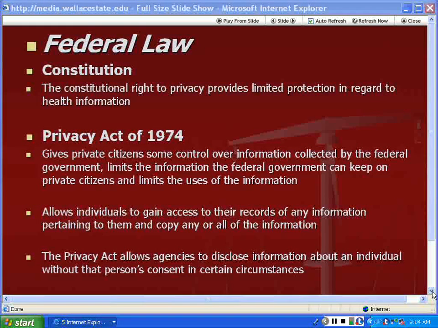Well, this was back before HIPAA, and it really didn't. So you would have to explain that those are federal acts and they're to do with federal government records, and that if you worked at an institution that had nothing to do with the federal government, that act really doesn't cover you, except as a private citizen, where you can have access to your information kept by the government, and it should be protected.